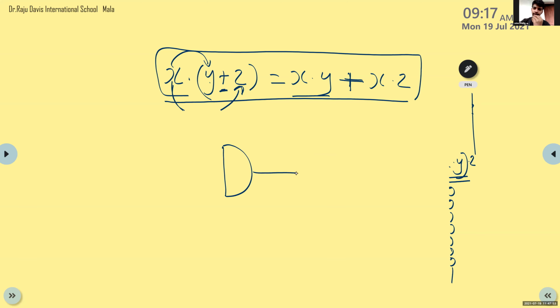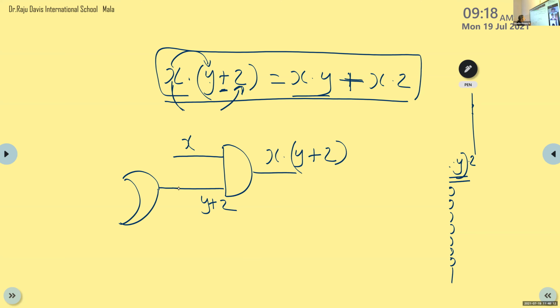Final output is x into (y plus z). The two inputs are x and y plus z. How can we draw this y plus z? OR gate. Then, which are the inputs? Y and z.